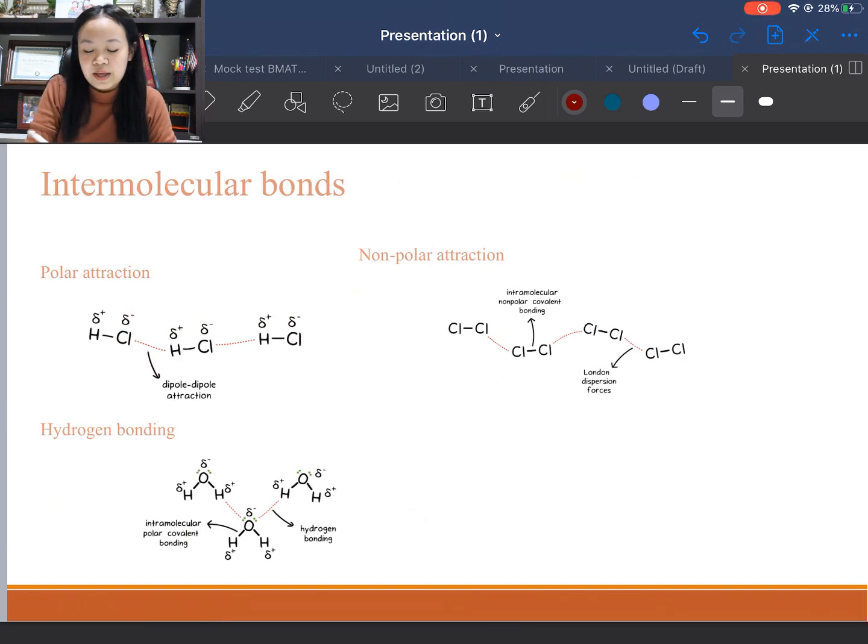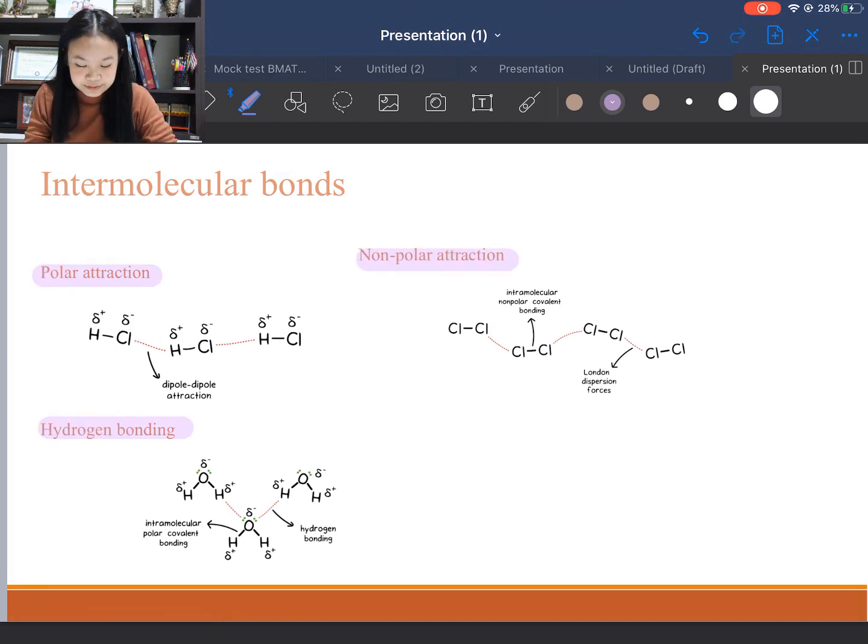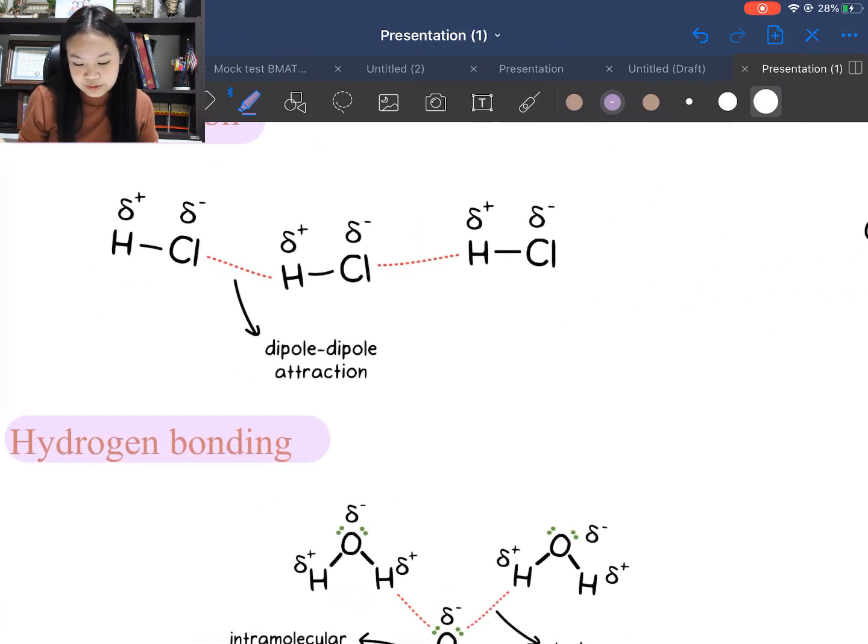We're going to go through the intermolecular bonds. Intermolecular bonds are divided into three things: polar attraction, hydrogen bonding, and non-polar attraction. The polar attraction is when we talk about things like hydrocolloids. It depends on positive and negative EN.